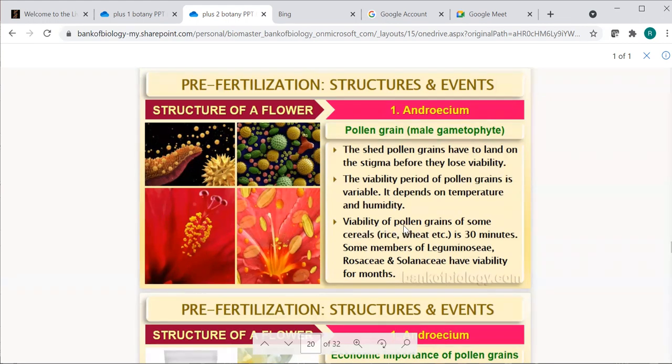The viability of pollen grains of some cereals such as rice and wheat is 30 minutes. Some members of leguminous, Rosaceae and Solanaceae have a viability of months. It stays for a longer period.